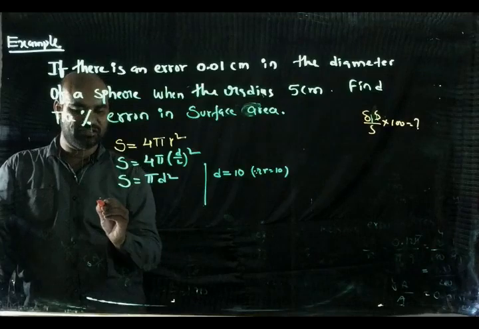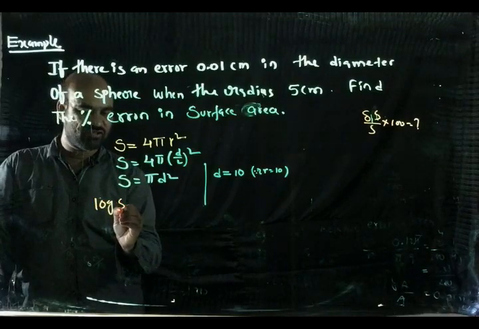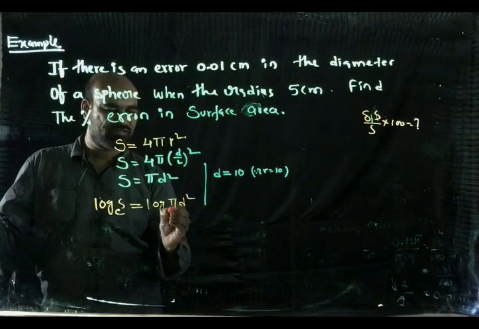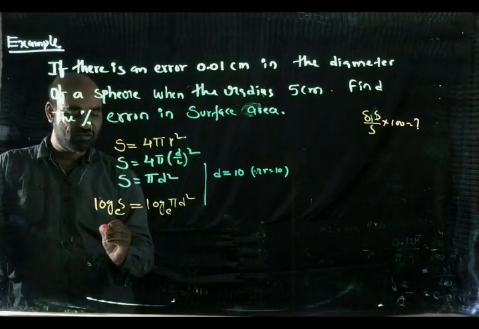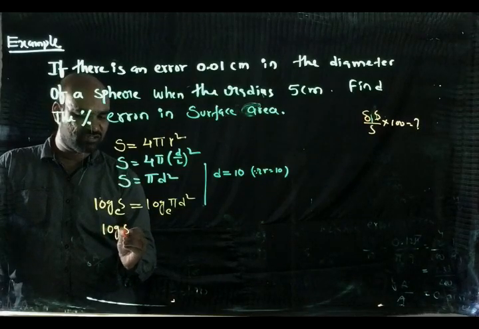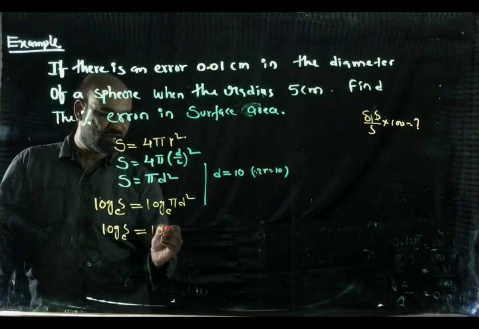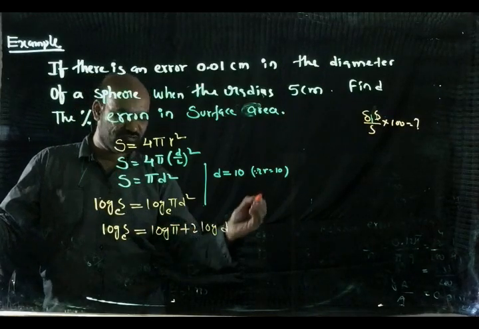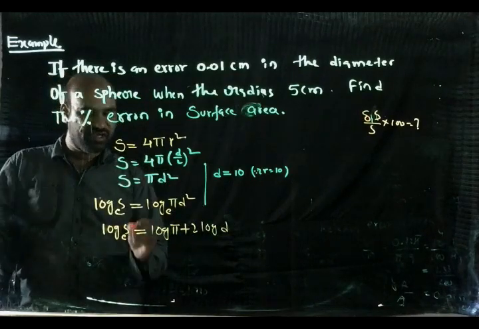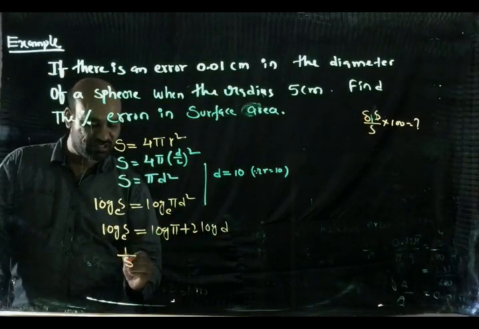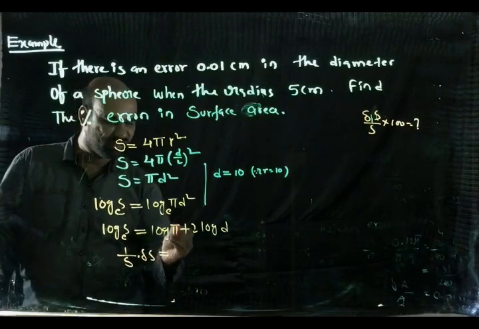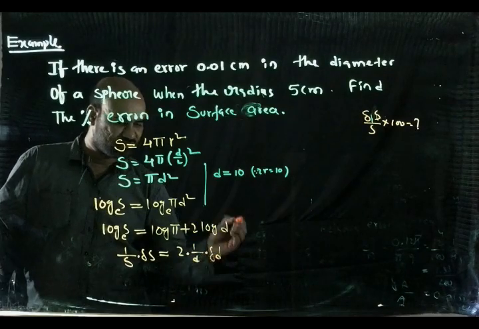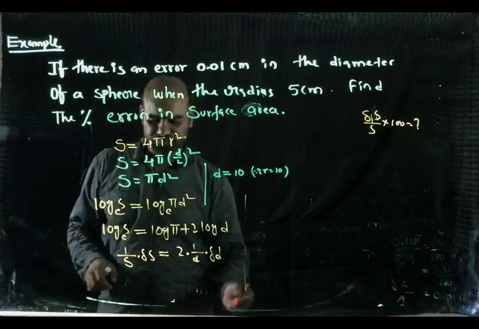Apply log on either side. Logarithm of S to the base e equal to logarithm of pi d square to the base e. So logarithm of S to the base e equal to logarithm of pi plus 2 log d. So here I am finding differentiation: 1 by S into delta S equal to, this is 0, 2 into 1 by d into delta d. Okay.